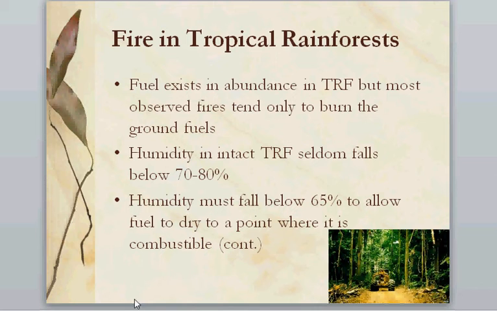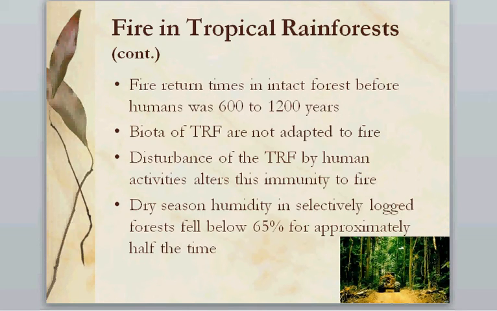Okay, fire is not unheard of in a tropical rainforest, and studies which looked at charcoal in the soil profile in tropical rainforests found that fire does occasionally pass through a tropical rainforest, but only between 600 to 1200 years between fires.